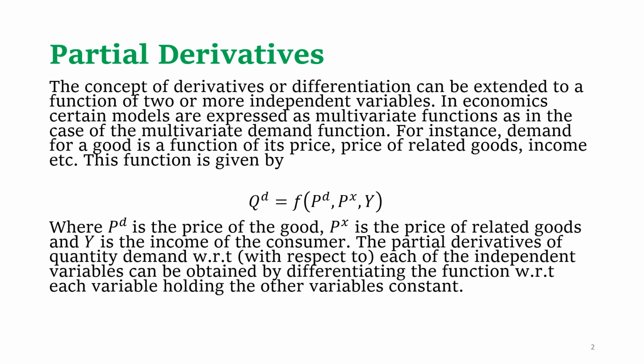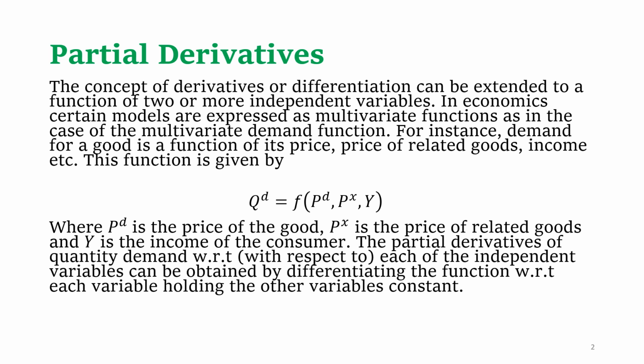So let's take a look at one typical example here. We have a demand function, the demand for a commodity, expressed as QD equals a function of PD, PX, Y, where PD is the price of the commodity. We call that the own price of the good. And then PX is the price of a related product.